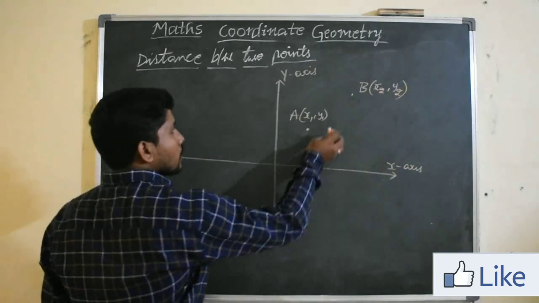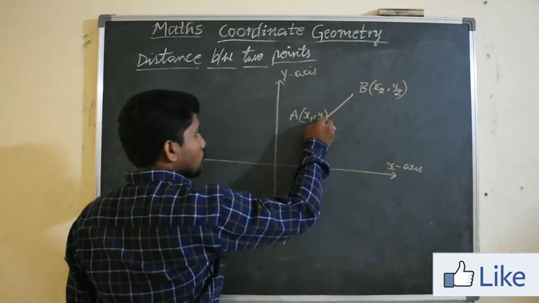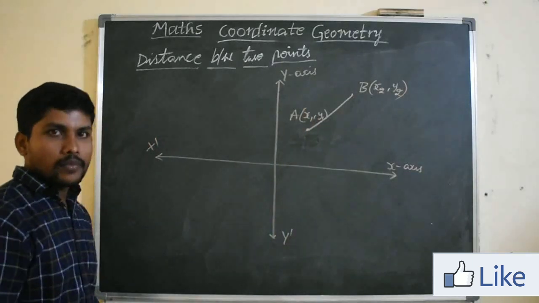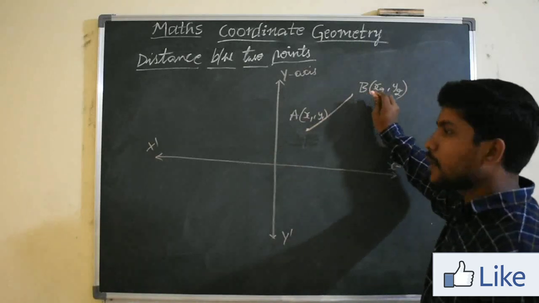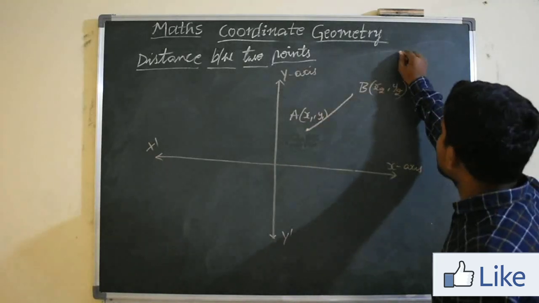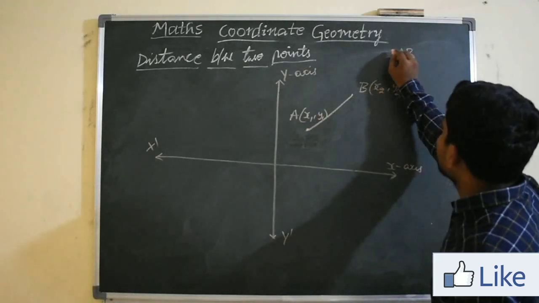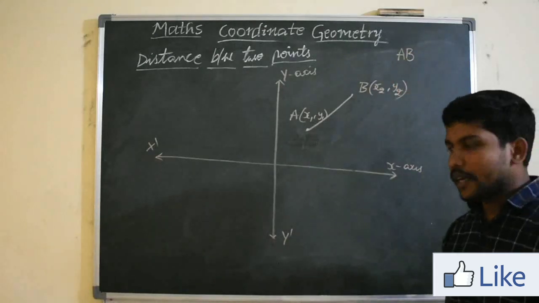Now we need to find the distance between these 2 points A and B, which is denoted by AB.